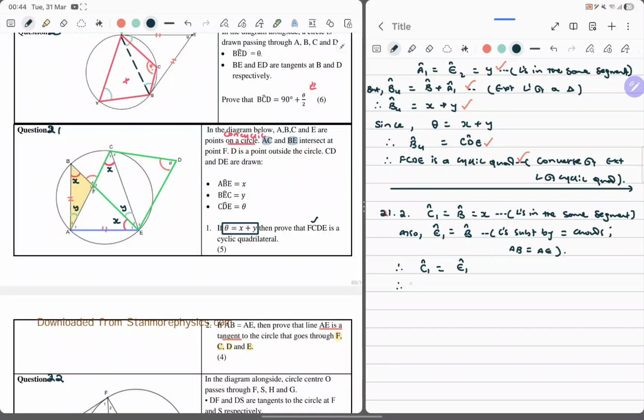If this is the case, we can say therefore AE is a tangent to circle passing through F, C, D, and E. The reason is the converse of the tan chord theorem.